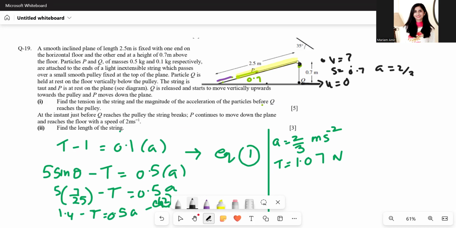So I'm going to use equations of motion to find V of Q. That will be V squared equals U squared plus 2AS. Then we square root this to get the value of V, which comes out to be 0.966091.